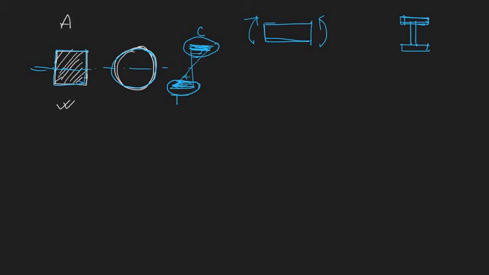Simultaneously, if you watch the square section closely, you can see that the material away from the neutral axis, this is the neutral axis, is more compared to the material away from the neutral axis in the case of the circular section.